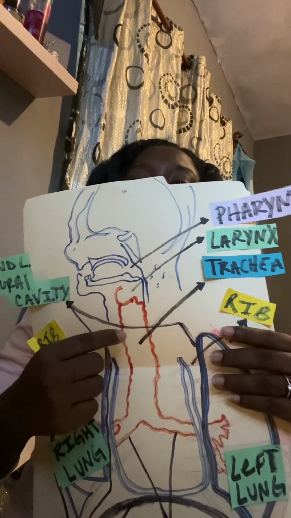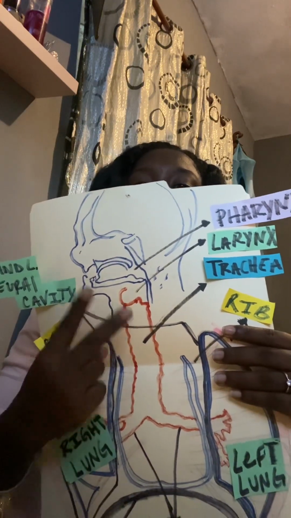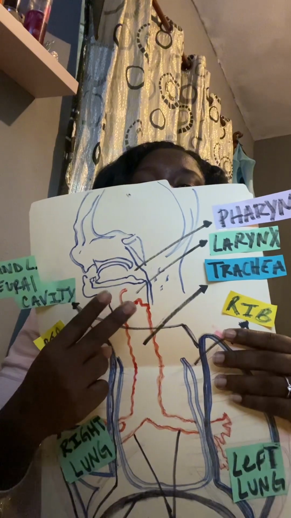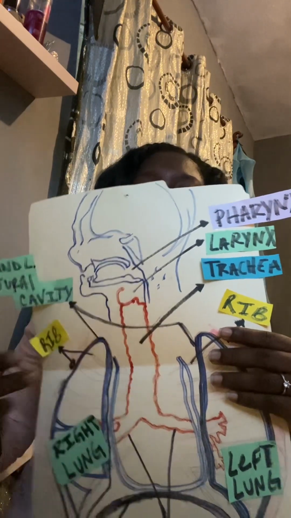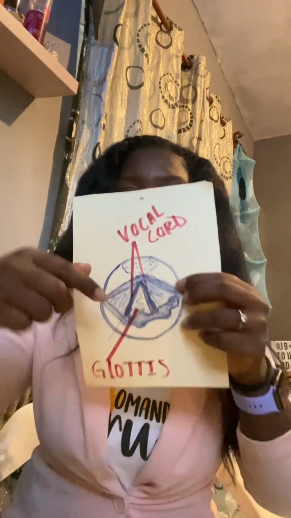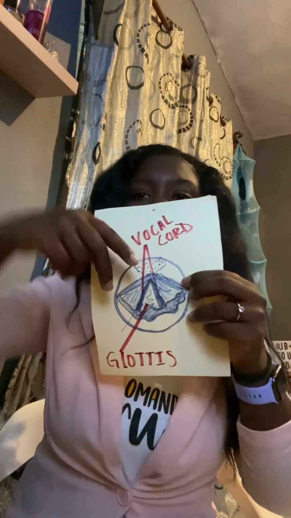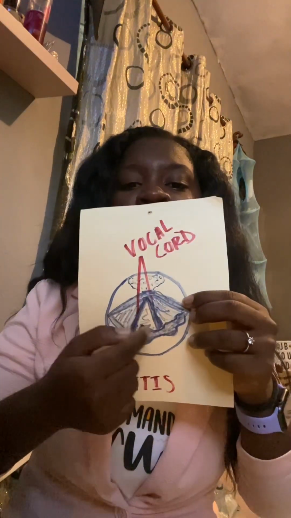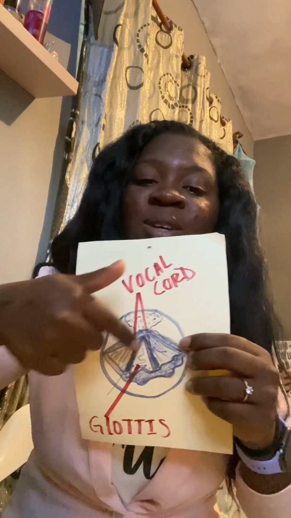So it contains a valve-like opening which consists of two membranous tissues, one in front of the other. Those two membranous tissues are called vocal cords.